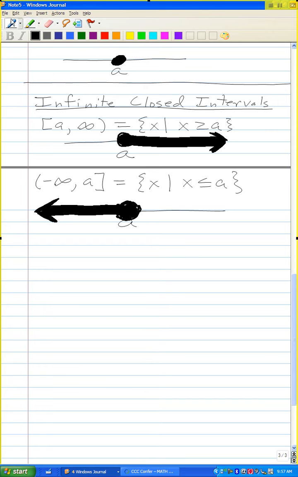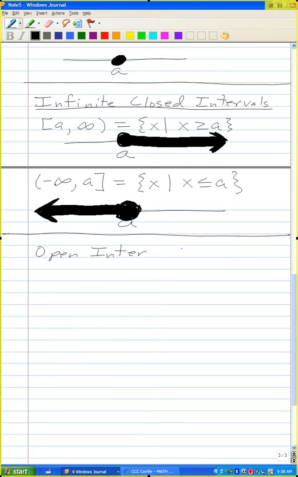Okay. Next, let's do the open intervals. So the open intervals. So let me do the finite open intervals.